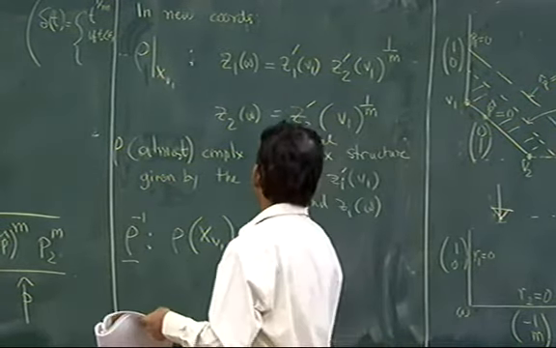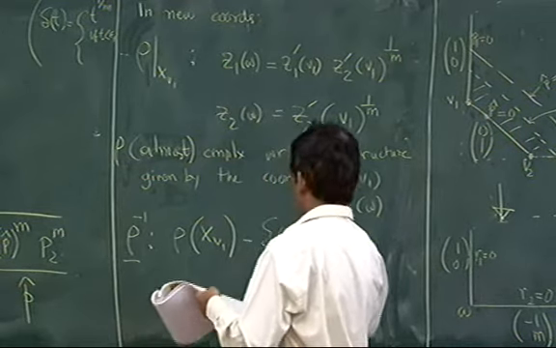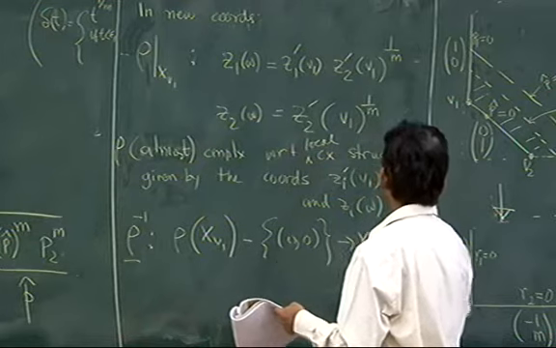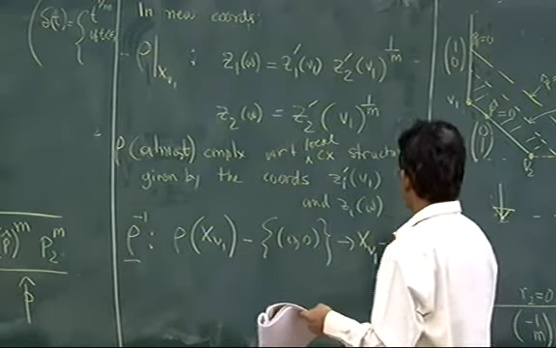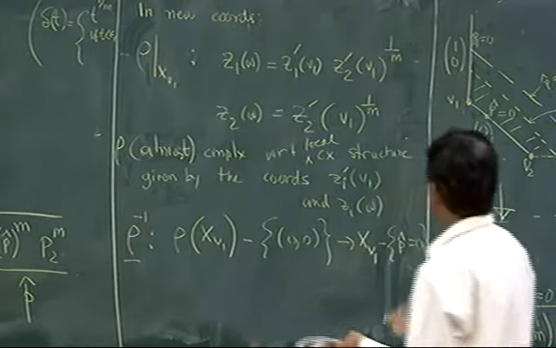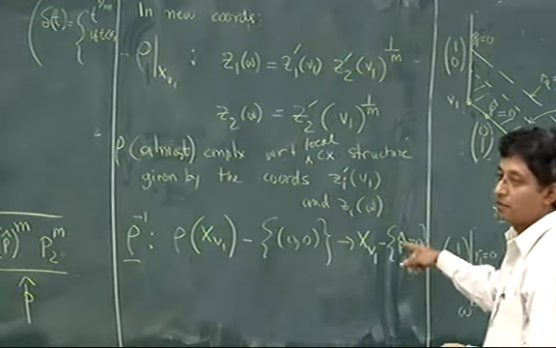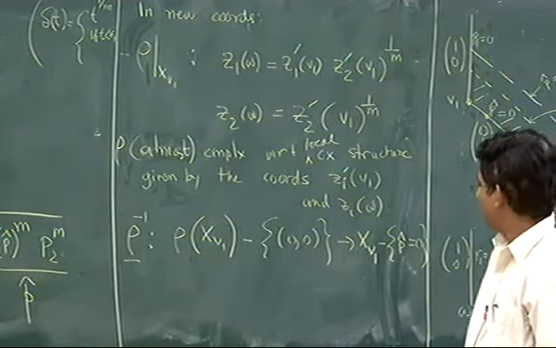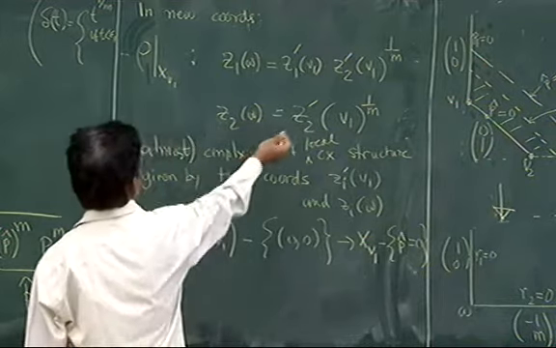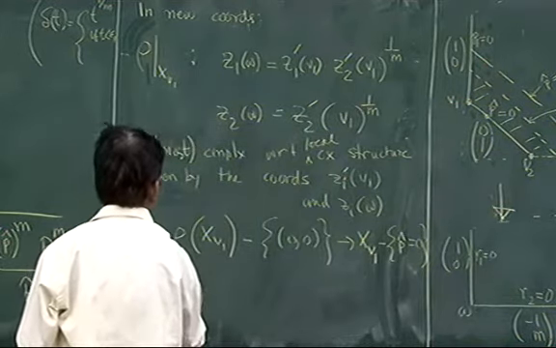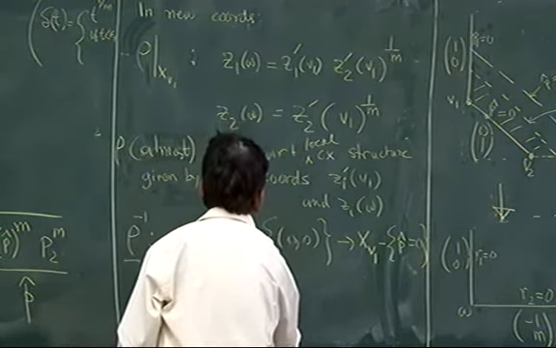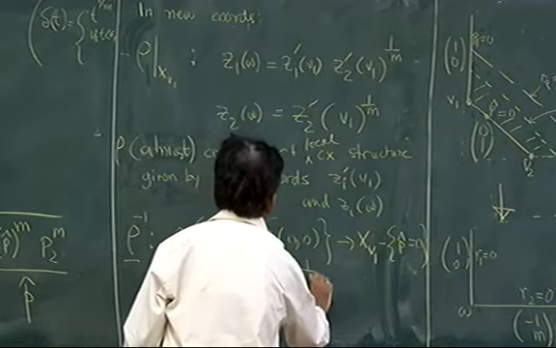But the formula is, you just make one observation, and this is to X(V1) minus P1 P hat equal to 0, or the pi inverse of that. Just write all that down. So what is this? This is very easy. Z2 prime (V1) is Z2(W) to the 1 over m.